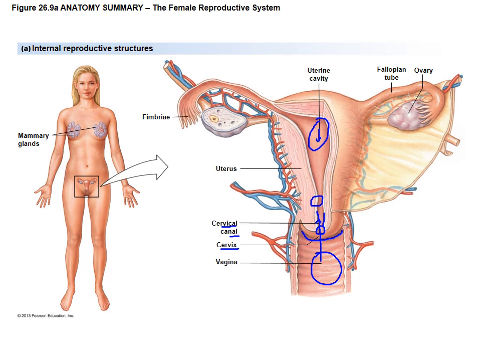So the uterus is this hollow muscular structure, this entire structure here, which is just slightly smaller than the fist of a woman. It's also the structure in which the fertilized eggs will implant and develop during pregnancy.